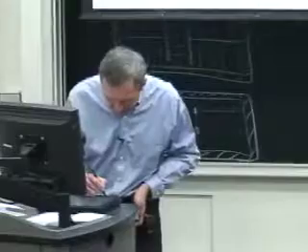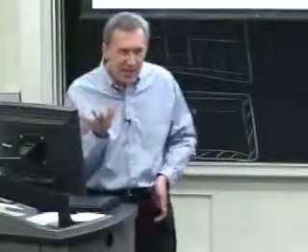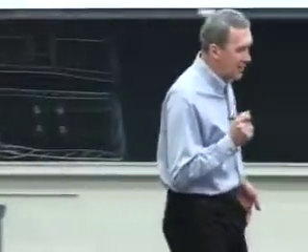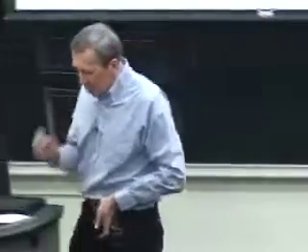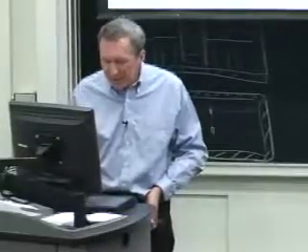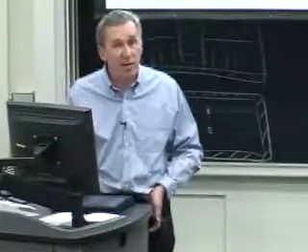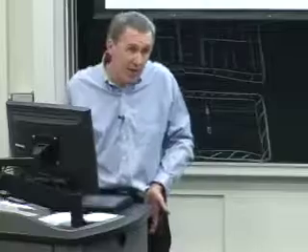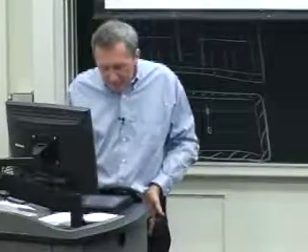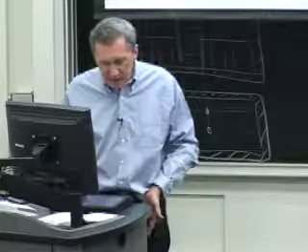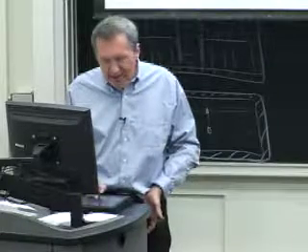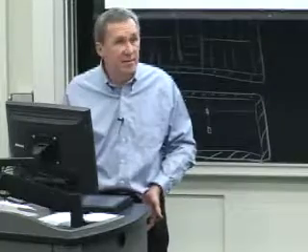Okay, so let's look at that. First, let's back up and talk about conditional independence. Conditional independence is defined here. We'll say that random variable x is conditionally independent of random variable y given random variable z if the probability distribution that governs x is independent of the value of y given z.